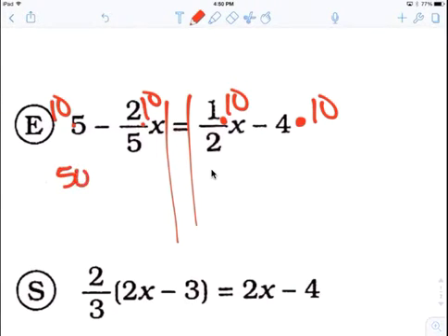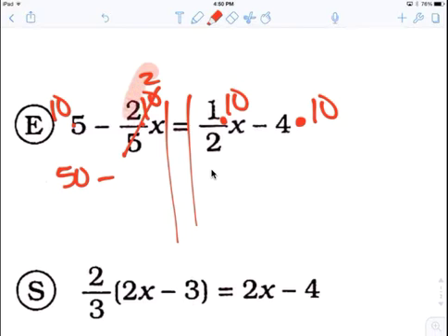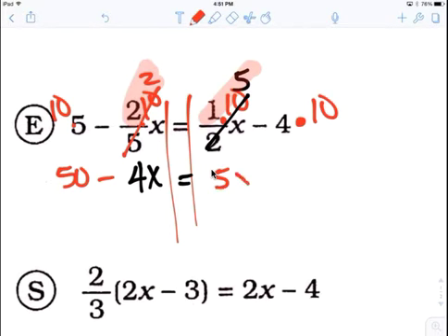It's 50 minus, that's cross cancel, you get a 2. 2 times 2 here is 4. Bring down that x equals to cross cancel, that's 5. So you take 5 times 1 is 5x minus the 40.